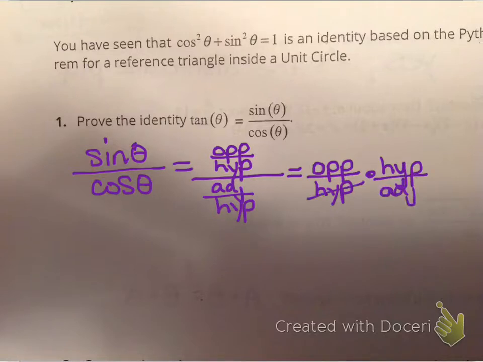The two hypotenuse portions would cancel out, and what you would be left with is opposite over adjacent, which is, once again, the SOHCAHTOA definition for tangent. And so you've just proven that sine and cosine does in fact create tangent.